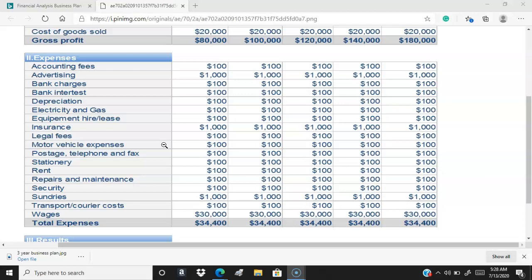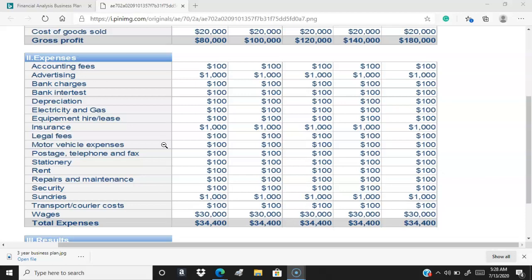Now, if you're in a brick and mortar store, then yes, you can take that whole thing off. If you're leasing equipment, again, you can't depreciate it. It has to be something you own. So if you're leasing equipment, that will go there. Insurance is always important. If you need business insurance, you're always going to need business insurance.